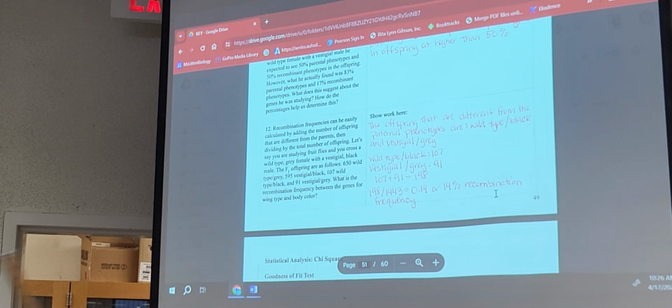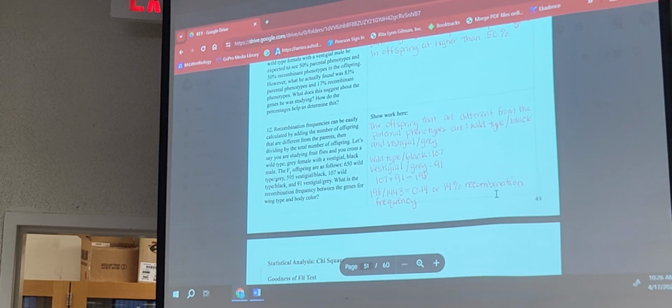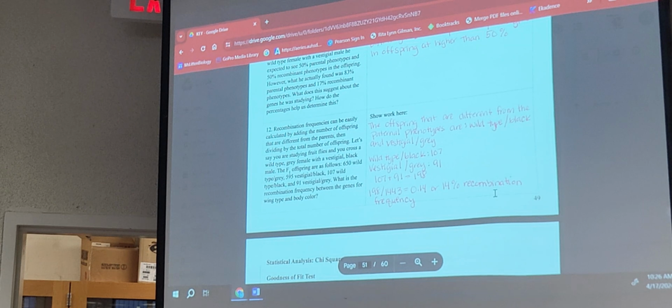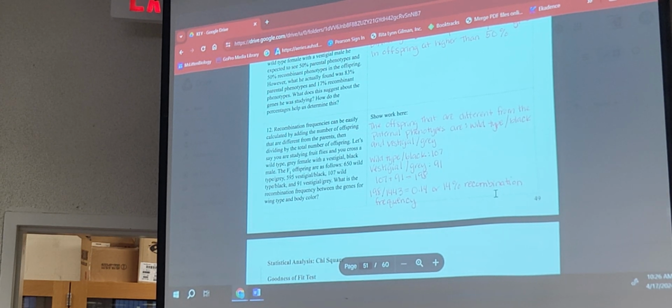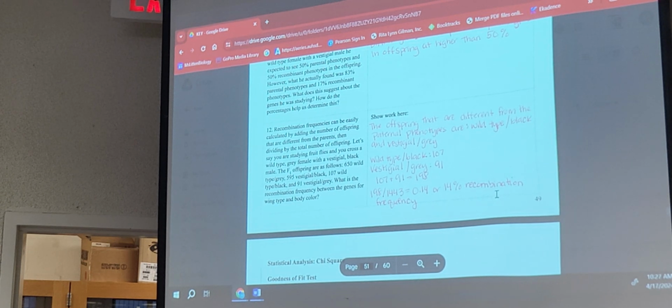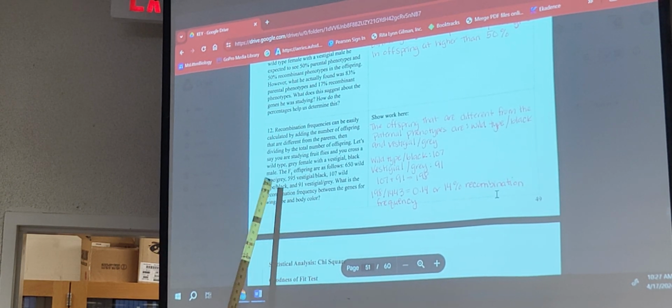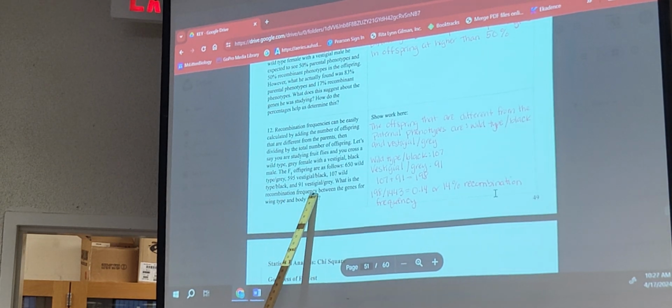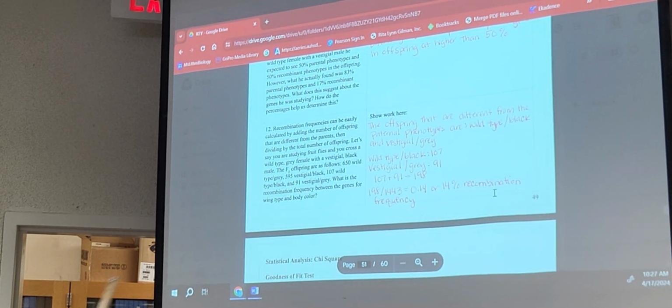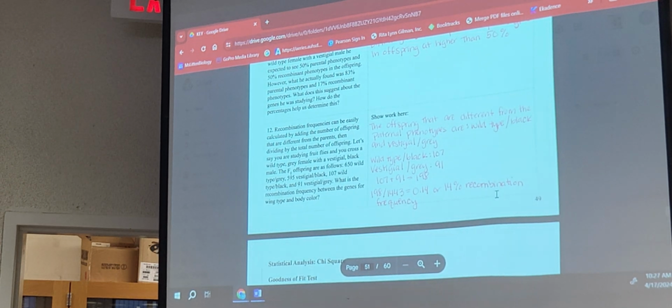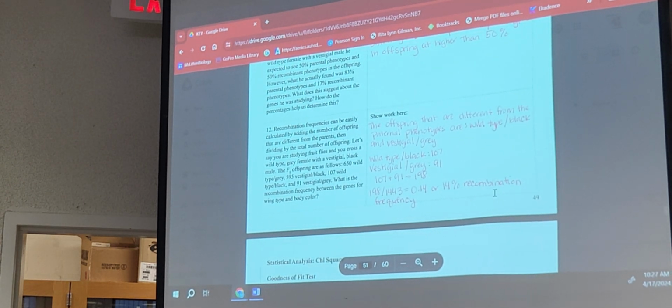F1 offspring are as follows: 650 wild type gray, so they look like the mom. 595 vestigial black, so they look like the dad. 107 wild type black, which doesn't look like either. 91 vestigial gray, which doesn't look like either. What is the recombinant frequency between the genes for wing type and body color?